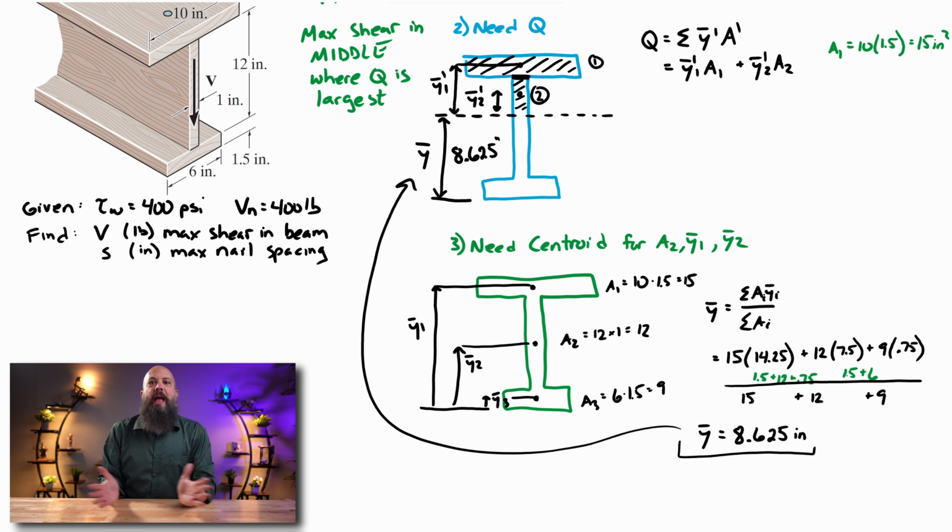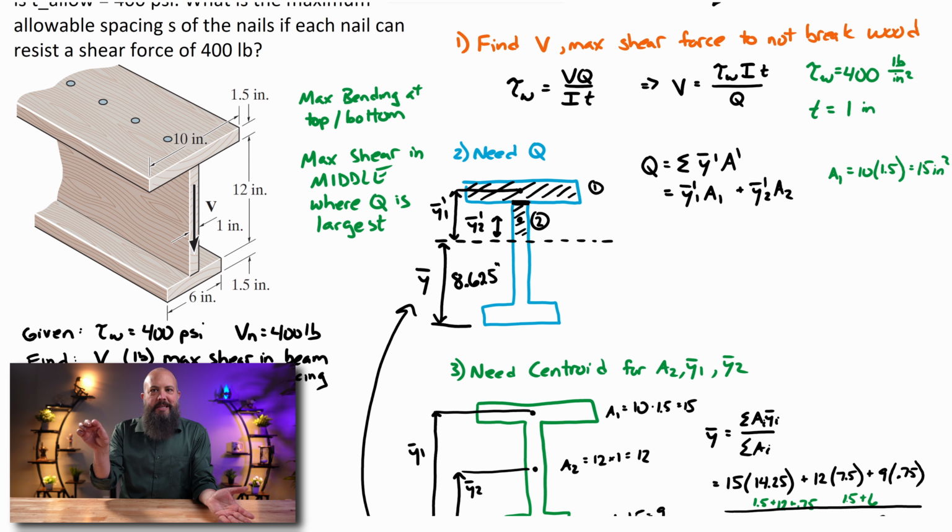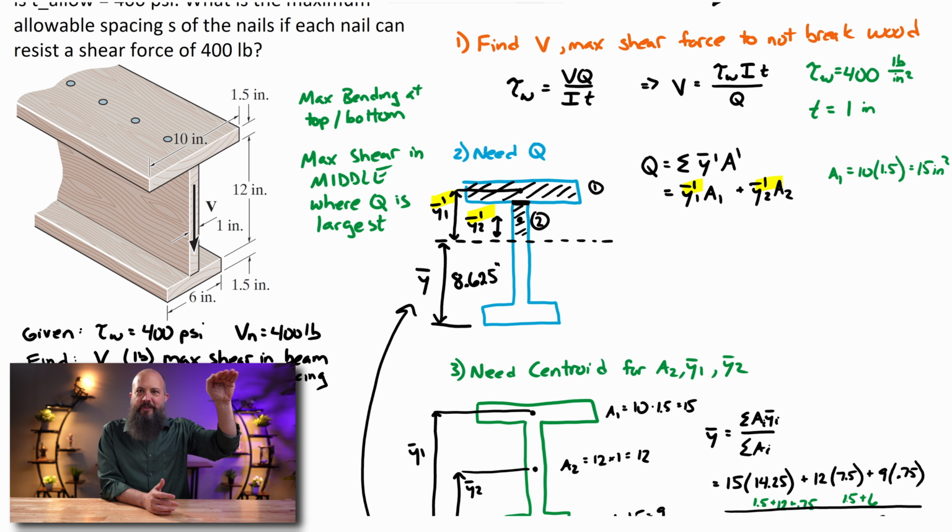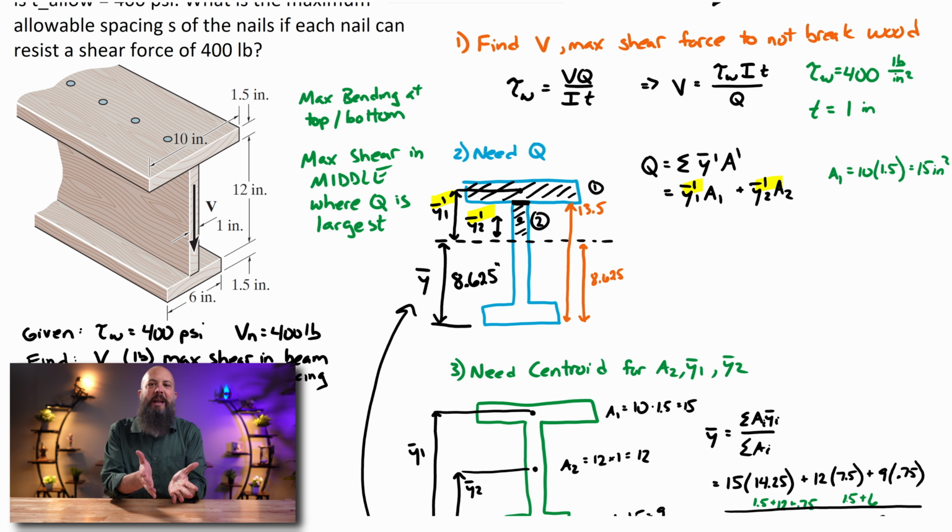All right, so areas first. The top rectangle is going to be easy. It's just the same 15 that we already found before. For area 2, this is the area of the small sliver of vertical here. So the top of that rectangle is at 13.5, right? The 12 plus 1.5. So the top is at 13.5 minus the 8.625, which gives a height of that rectangle of 4.875.